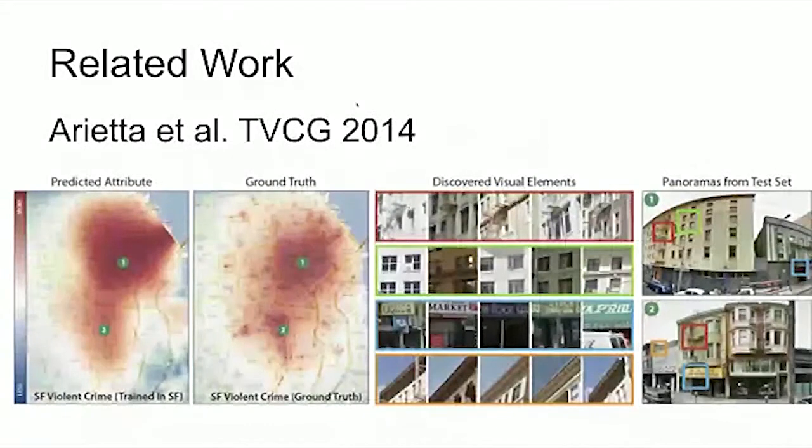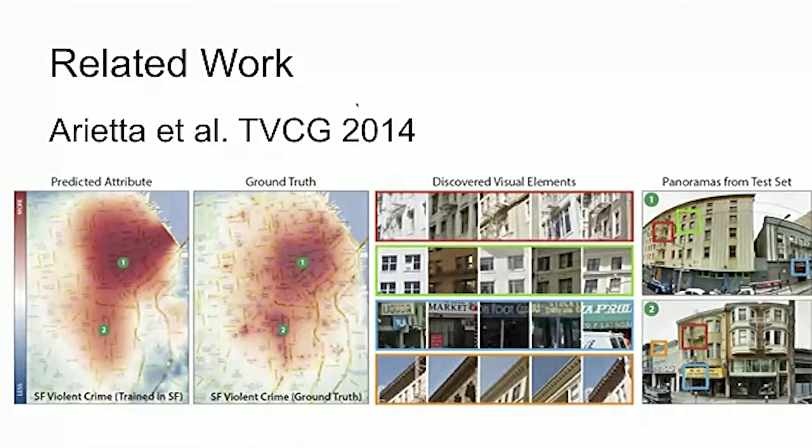But before I move on, let me tell you about another work that came out of Berkeley. They try to do a similar thing, but they take a different approach. Now what they want to do is predict housing prices just from looking at images. So they take different patches of images. If you look at some of these photos, you can see that they have different patches of windows, for example, and they try to associate the properties of these patches to properties of houses that are expensive or cheap.